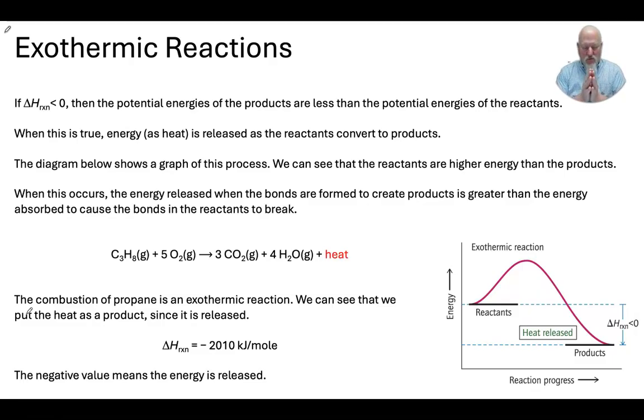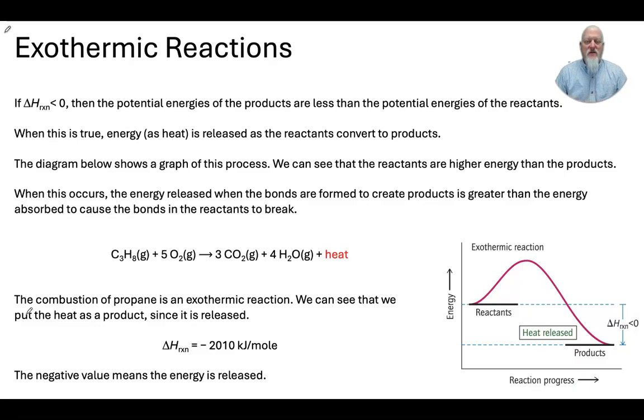So we can tell this using the heat of reaction, the delta H. And remember, delta H is the potential energy of the products minus the potential energy of the reactants. So if we find that delta H is less than 0, is negative, if the heat of the reaction is negative, that means that the potential energy of the products is less than the potential energy of the reactants.